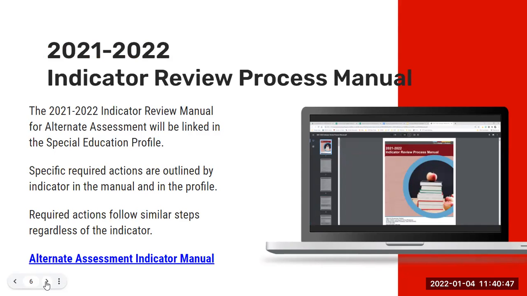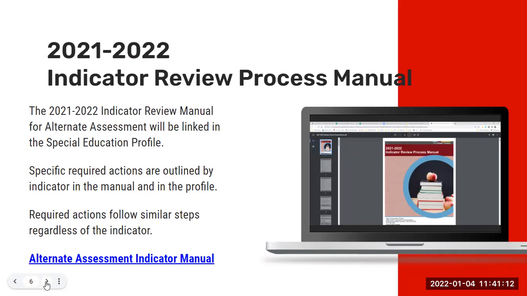Okay, the 21-22 indicator review process manual. The indicator review manual for alternate assessment is linked in your special education profile. There are specific required actions that are outlined by the indicator in the manual and in your profile. Required actions follow similar steps regardless of the indicator.